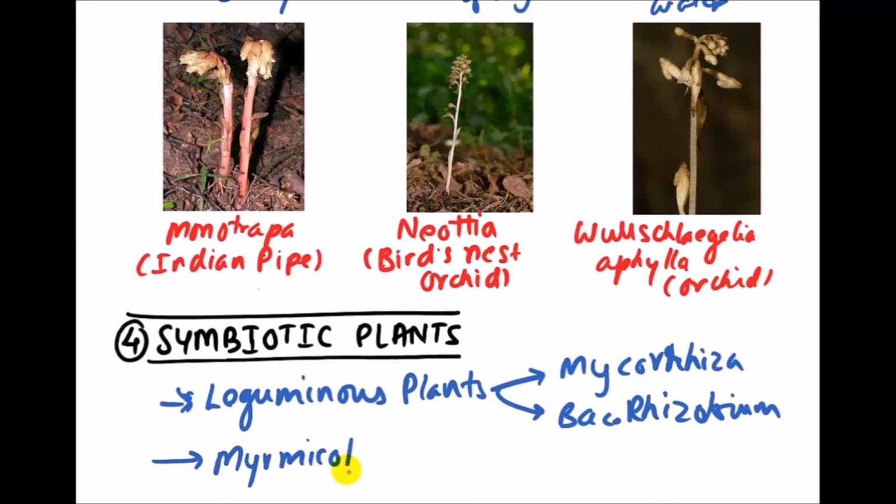Myrmecophily can also be observed between acacia and ants, in which the stipules are hollowed to give shelter while the leaflets and rachis provide food to the ants. Thanks for watching this video.